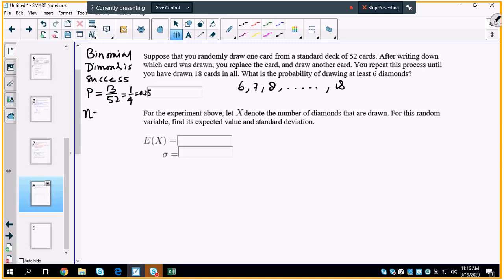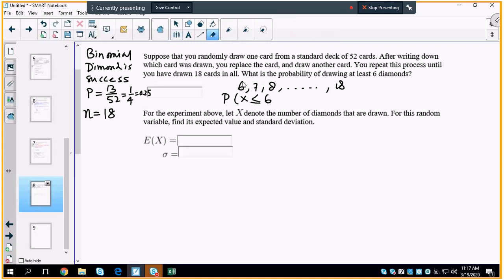Number of trials is what? Because you are doing it 18 times, it is 18. Now I want to know the probability for 6, 7, 8, and until 18. I want to know all these probabilities. So what I can do, I can run the binomial distribution for all of 6, 7, 8 till 18. Or I can find the probability of x being less than or equal to 6.